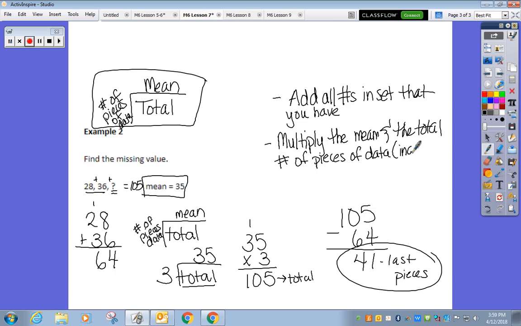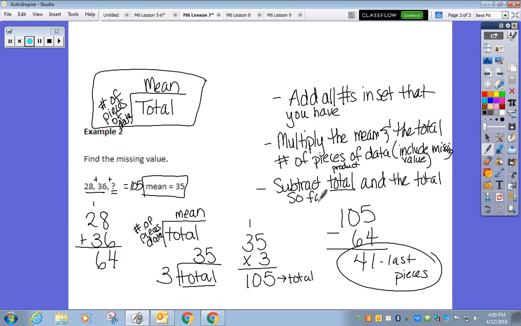So include the missing value in that count. Okay, and then I subtract the total from the previous step, so my product from the previous step, and the total so far. Okay, so those are your 3 steps. Add together, see what you have so far, take your mean, multiply it by the number of pieces of data you should have total, and then subtract the 2 numbers.